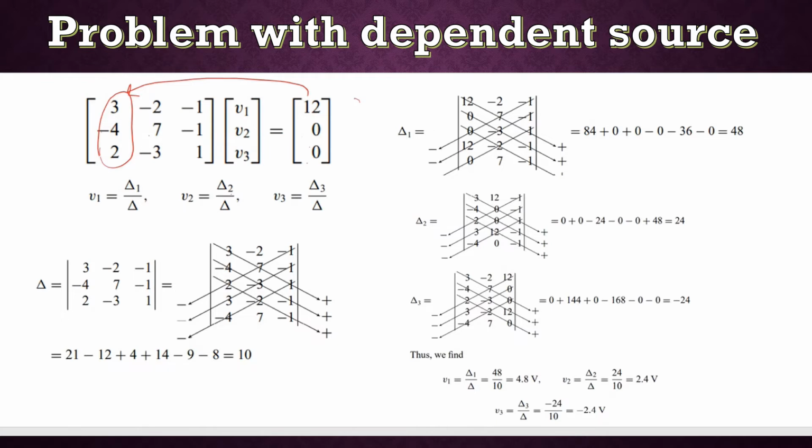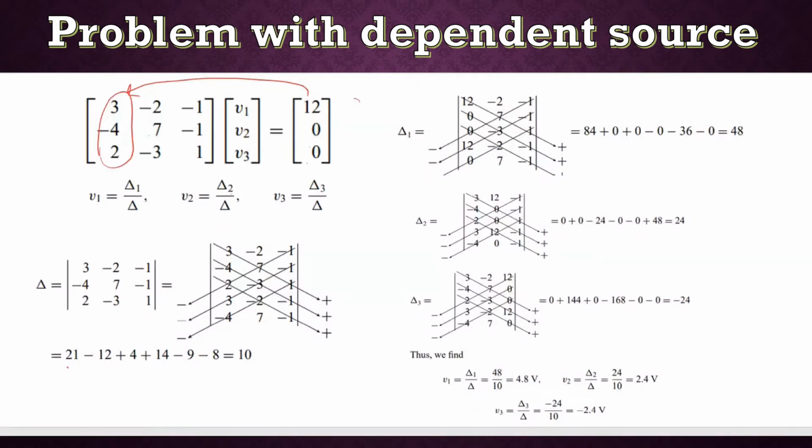Now you draw these lines like this for the first 3, and from here you draw lines like this, and you mention plus and minus. Now see here, 3 into 7, how much? 3 7s, 21, into 1, that is 21.